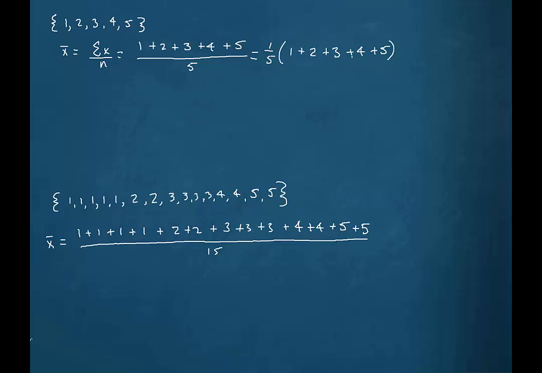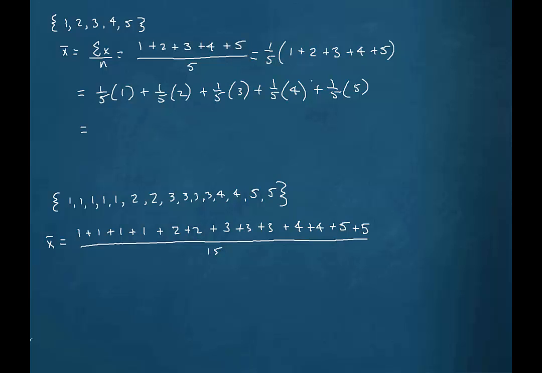And then I could distribute this 1/5 through here, and what I would have is 1/5 times 1 plus 1/5 times 2 plus 1/5 times 3 plus 1/5 times 4 plus 1/5 times 5.